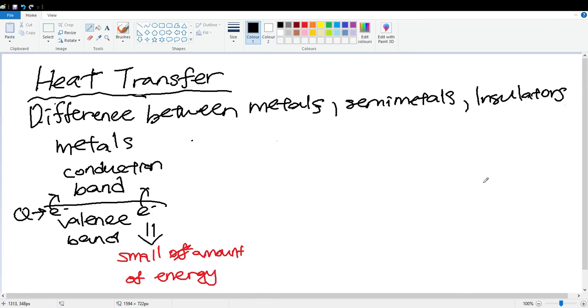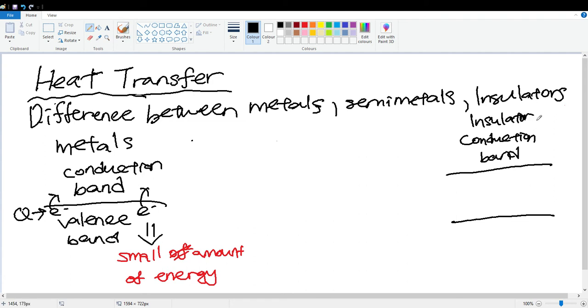As for the insulators, this is the conduction band, and this is the insulator, of course. This is the valence band, which, as I mentioned just now, is in the electron shell.